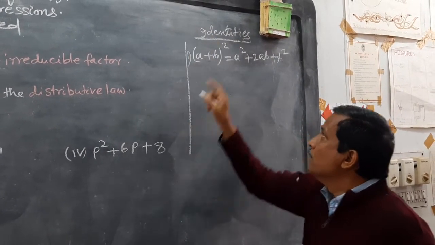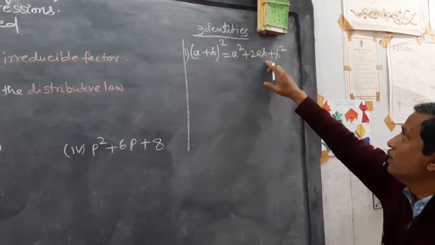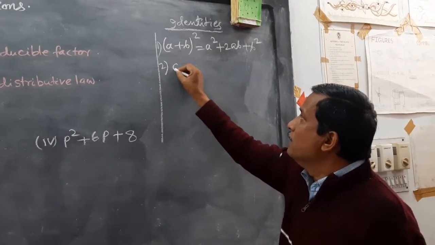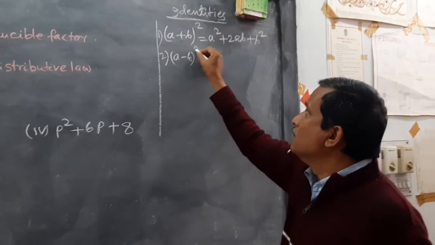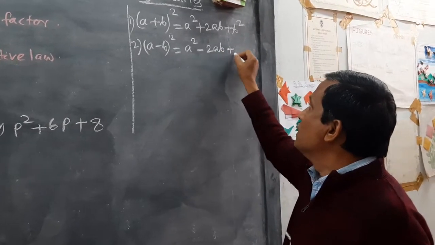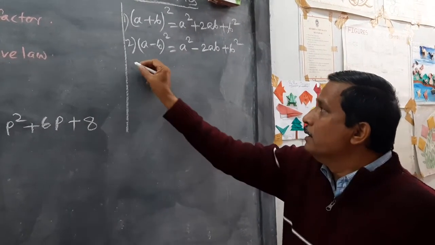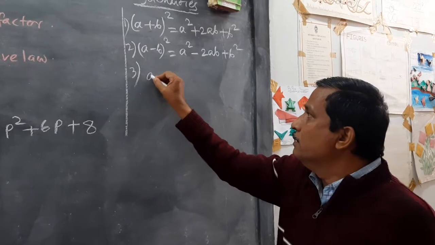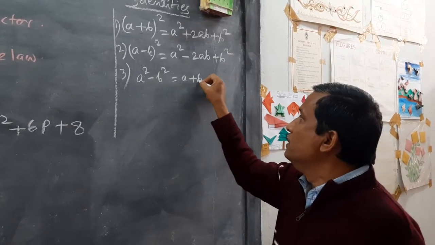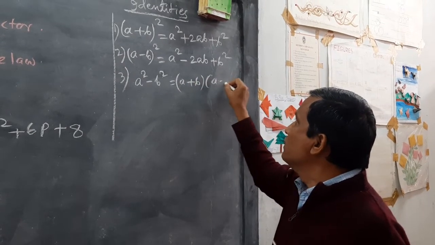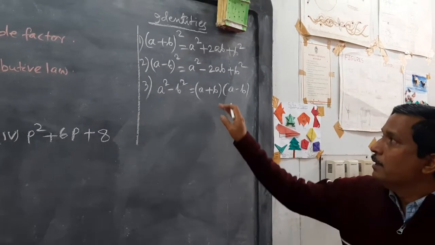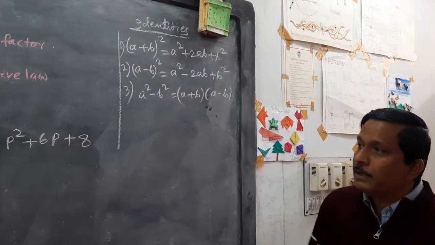Similarly, the second, a minus b whole square, is a square minus 2ab plus b square. Again there is a third identity, a square minus b square, that is a plus b into a minus b. So now we will use the different identities for factorizations.